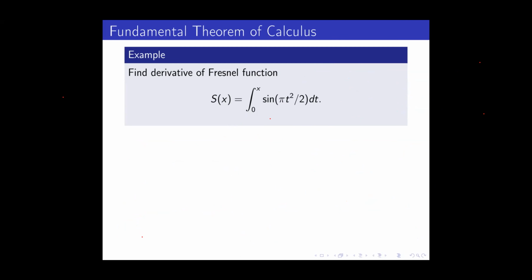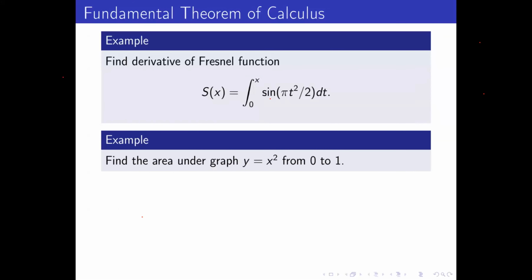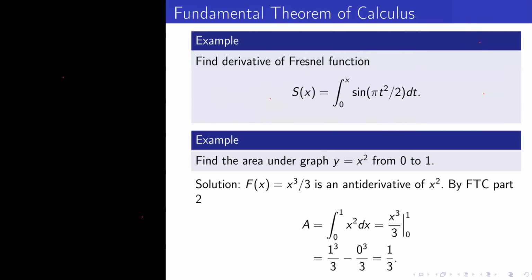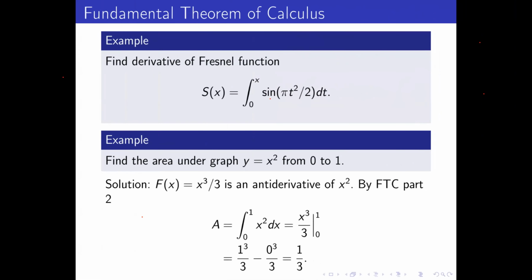So here is an application. This is pretty simple. You find the area under the graph of x squared from 0 to 1. This is our first example. We now see how it very quickly follows from the second part of the fundamental theorem.